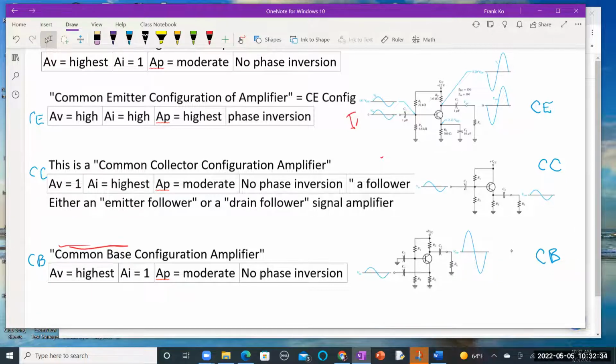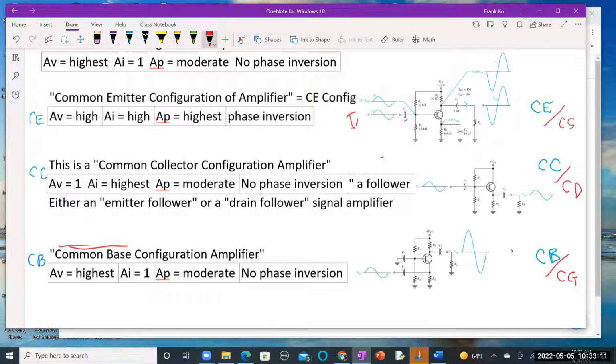And they are associated with their matching FET counterparts: this would be your common source, this would be your common gate, and this would be your common drain. Let's see, hold on a sec. This would be your common gate, sorry, got excited. This would be your common drain.